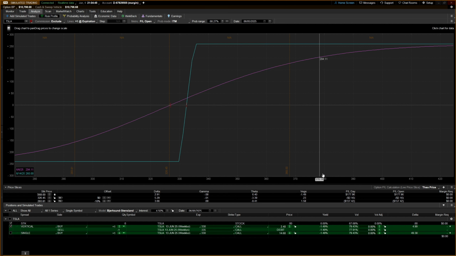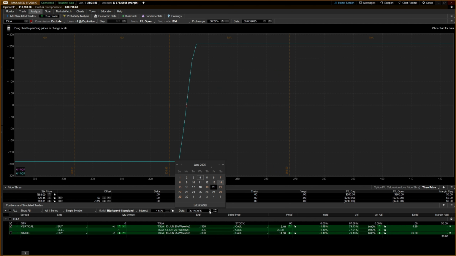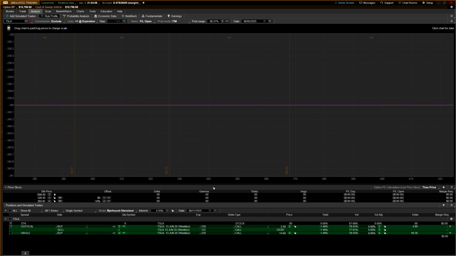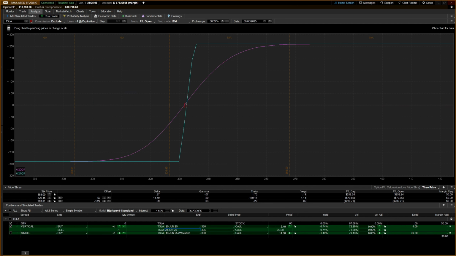That's a possibility. But you can use this risk graph to kind of plan your trade and say, you know what, maybe it's not going to happen. Maybe I actually want to go one more week out. Okay, so you're going to go to the 20th, and now it's not going to show up because we have expired contracts, so you have to change the date. Okay, so now we're looking a little bit further out in time.